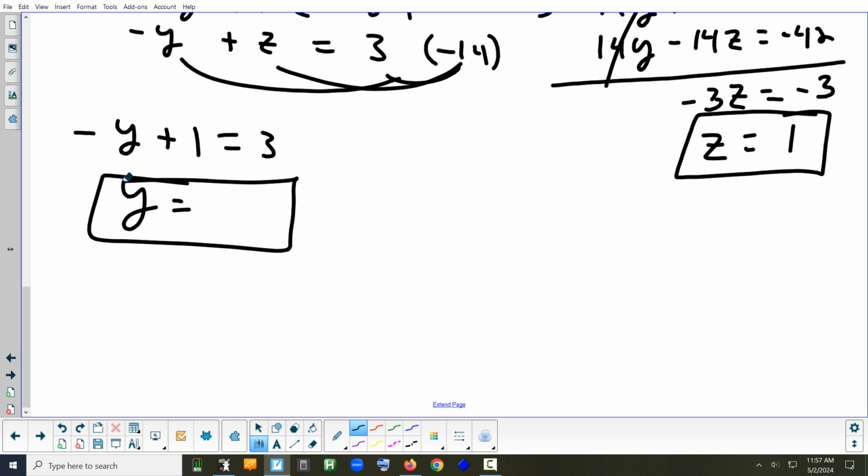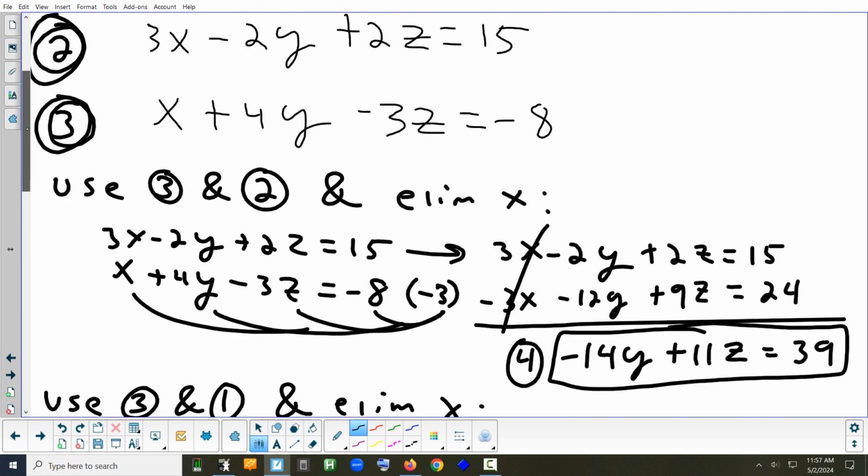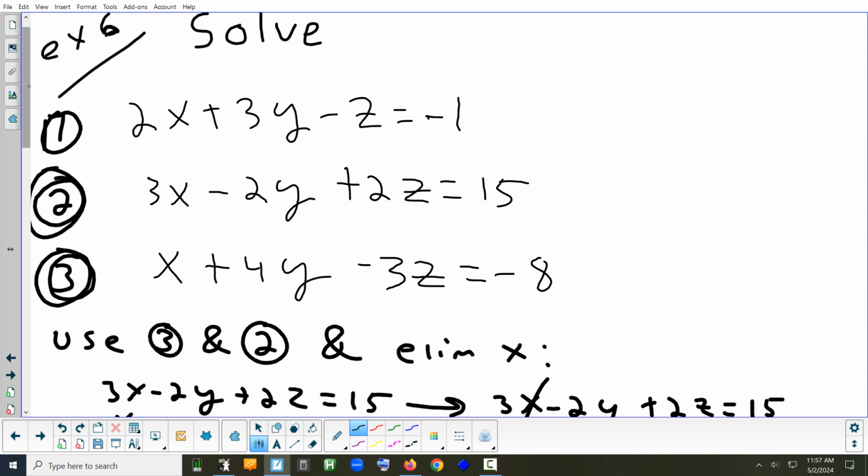Negative 2. Yep. And now take those two numbers, plug them back in, and get x. Which equation do you think would be easiest to get x? The third one. Yeah, because the x already has a coefficient of 1.